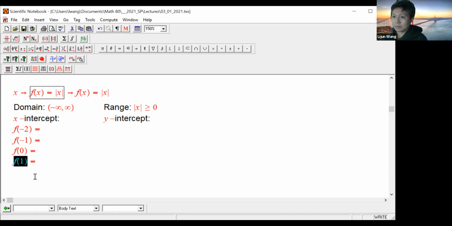And F of 2. You give me those values. So just plug in the numbers, apply the rule. Pretty straightforward, right? Pretty straightforward.